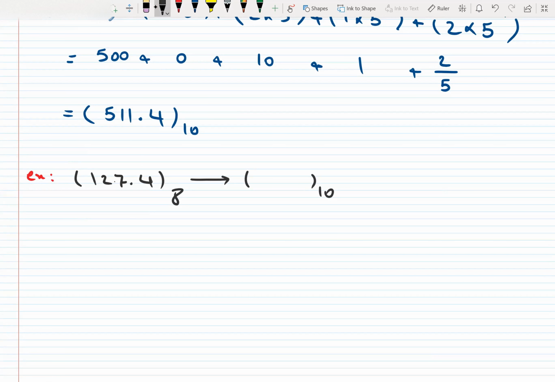Now that you solved this problem yourself, let's see how you did in finding the base 10 equivalent of this number in base 8.